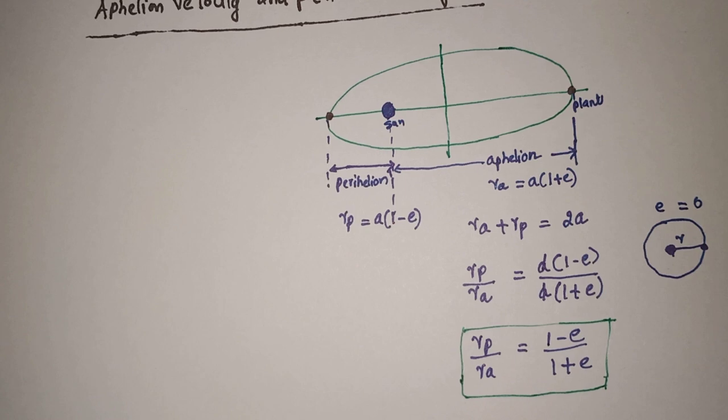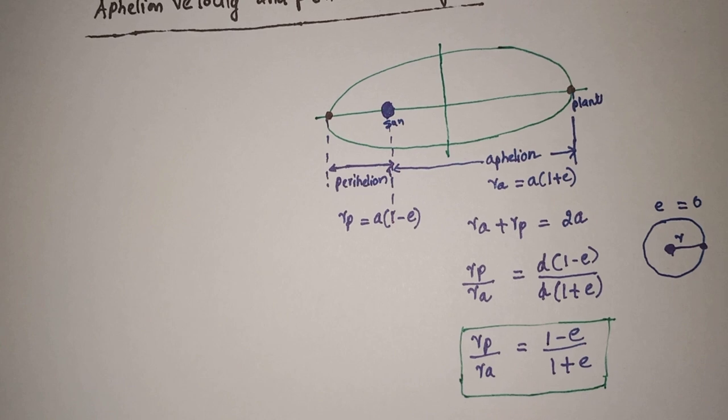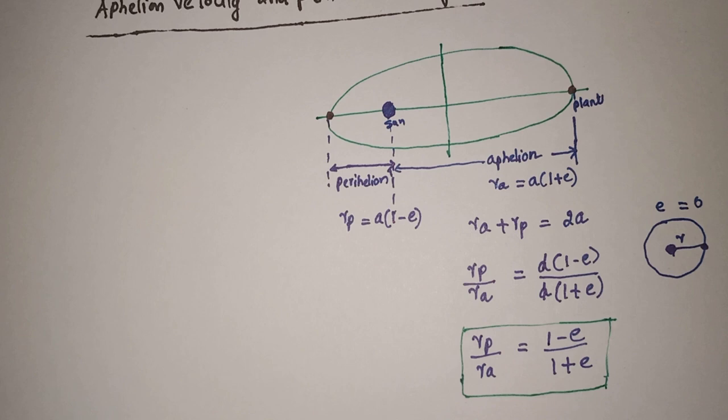Now you need to be very careful with the derivation of the aphelion velocities and the perihelion velocities. In the last class we have already seen the total energy of an orbiting satellite or any orbiting planet which has an elliptical profile.